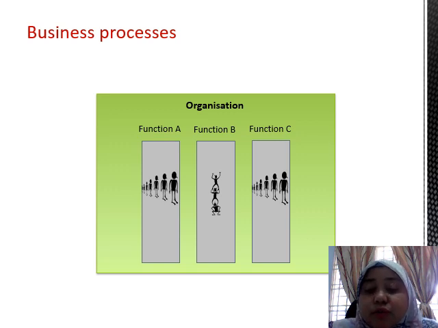Sebab kalau kita tak susun organisation ikut functionality, kemungkinan kerja menjadi tidak teratur, tidak sistematik dan tidak cekap. So for example, organization here we have categorized according to its functions, and they've given several functions like function A, function B, and function C.